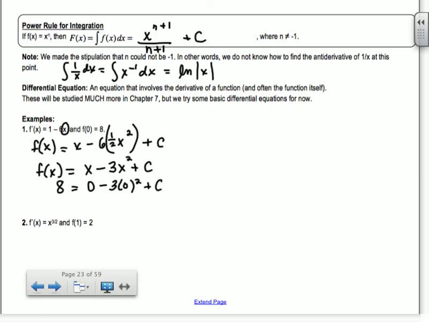The c is called the constant of integration. So when we have these differential equations, it allows you to solve for the constant of integration. All right, so c is equal to 8. That doesn't always happen. It's not always nice like that. All right, so your original function then was f of x equals x minus 3x squared plus 8.